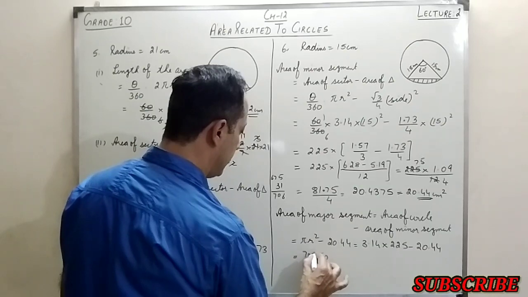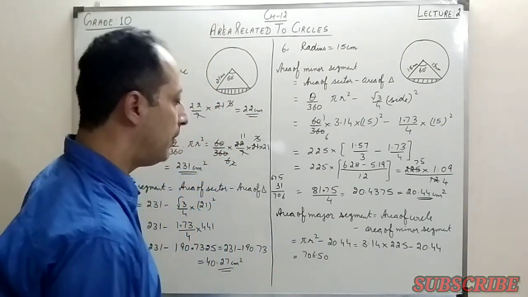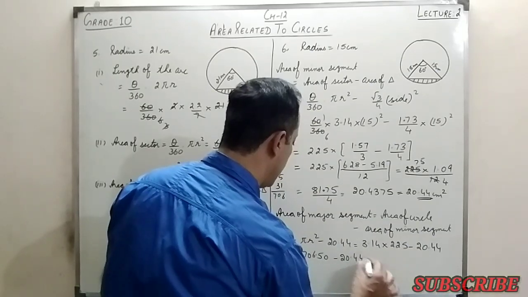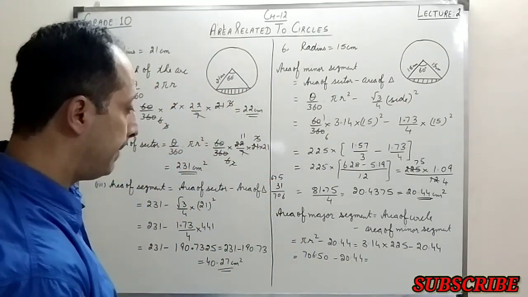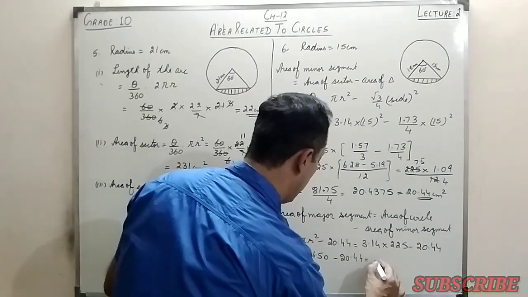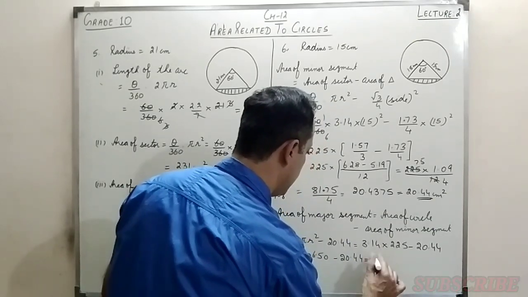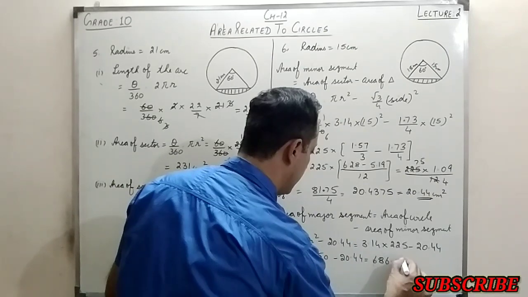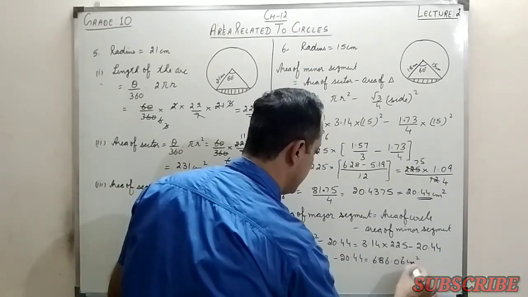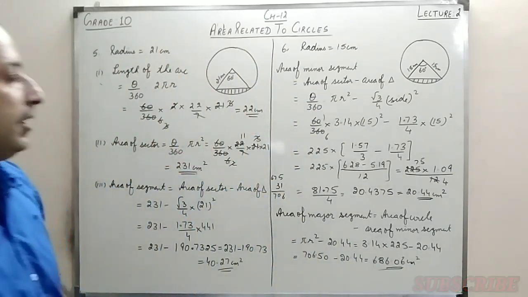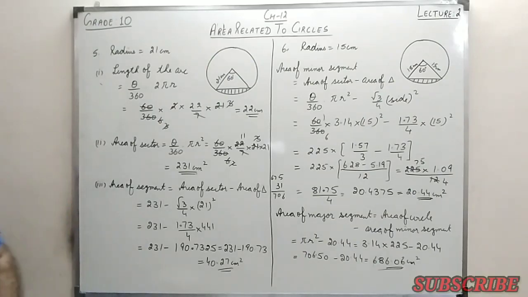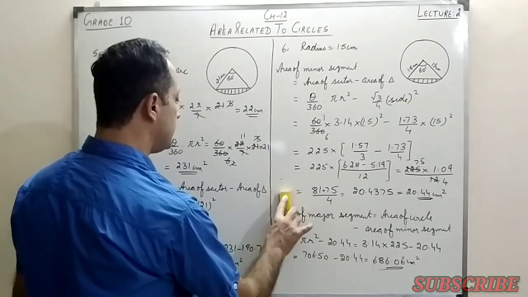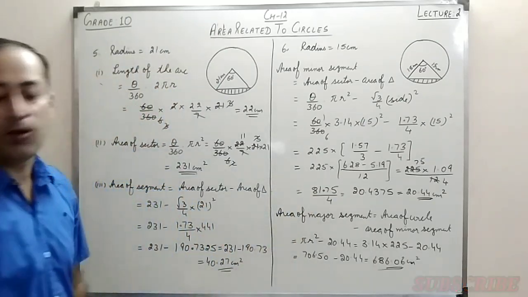So this is 706.50 minus 20.44, and we get 686.06 centimeter square. So dear friends, you have to be very careful while doing the calculation. Again I say, one small mistake can give you the wrong answer, right?